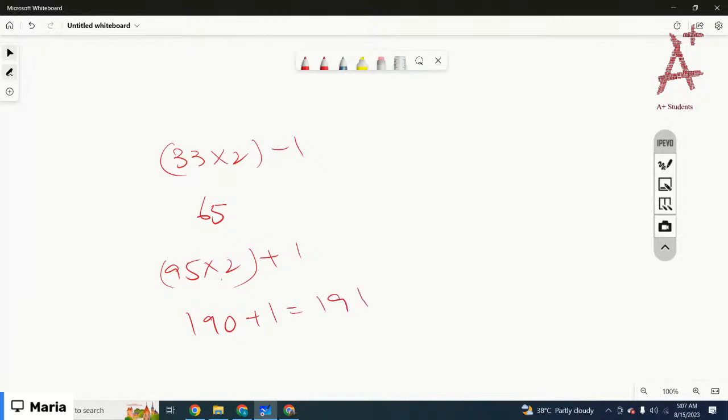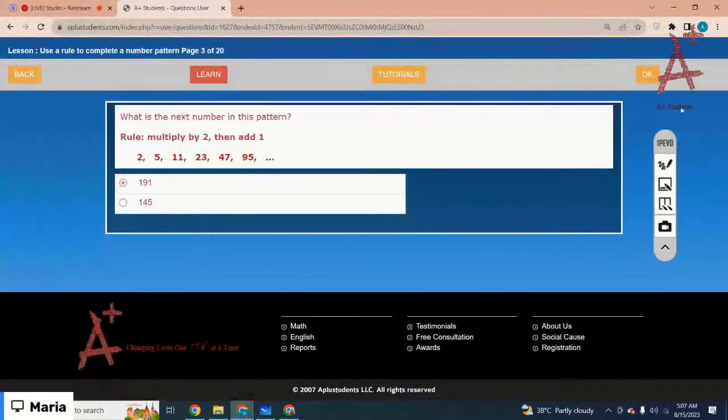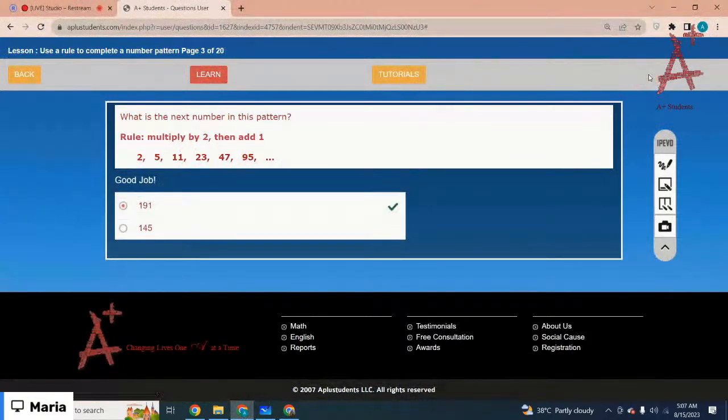Yes, that would be 191. That means the next number in the pattern is 191. 191 is the correct option.